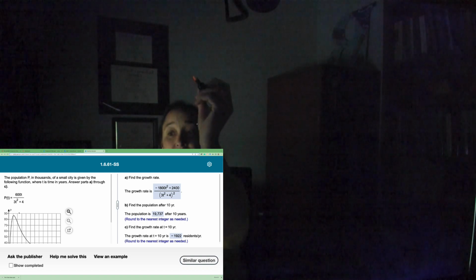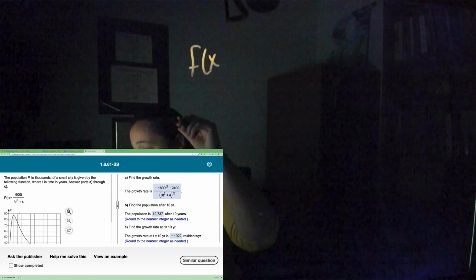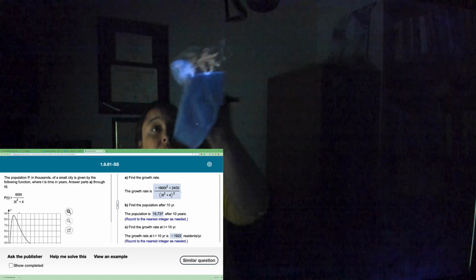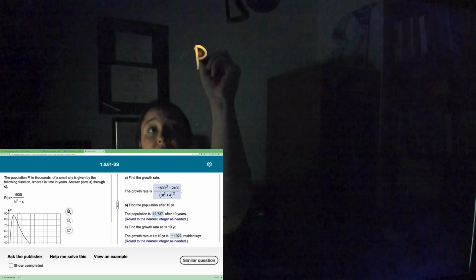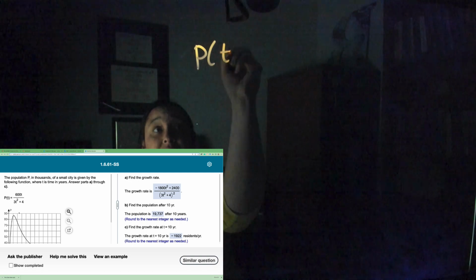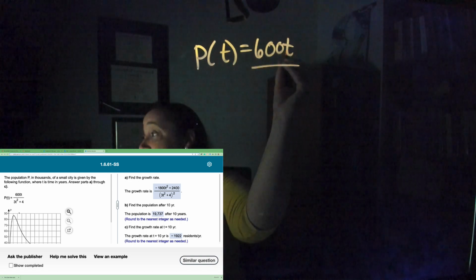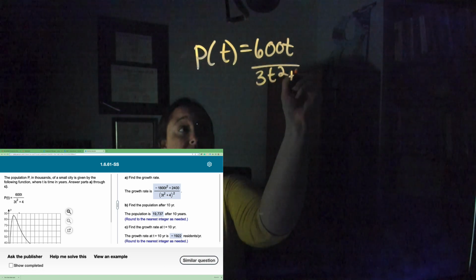So the function that we're given is f of x, or better yet, P of t. P of t is equal to 600t divided by 3t squared plus 4.